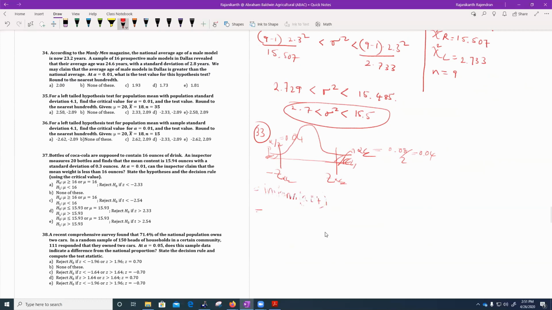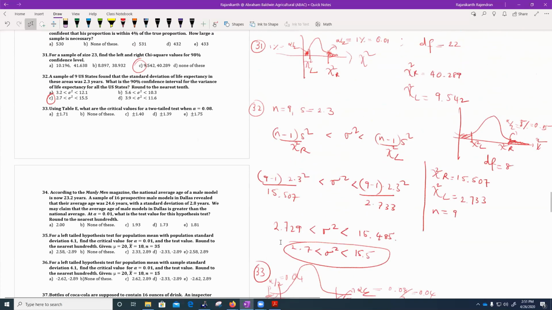So what is the answer I got? I got negative 1.75. So this is negative 1.75, and this will be positive 1.75. So these are the two critical values, plus or minus 1.75. If you look at your answer, yes, it is there, the last choice, right?